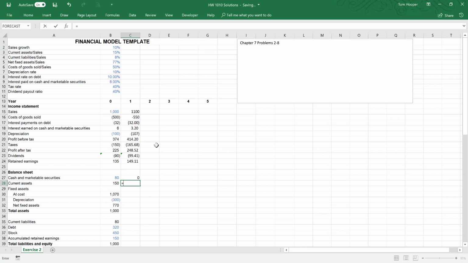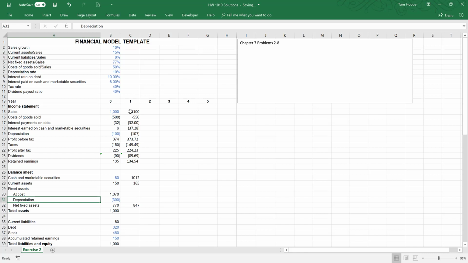Current assets, we're told, are also a function of sales. And we're told that net fixed assets are a function of sales. In the next problem, he'll approach this differently, but in this problem, he tells us to assume that it's a function of sales.